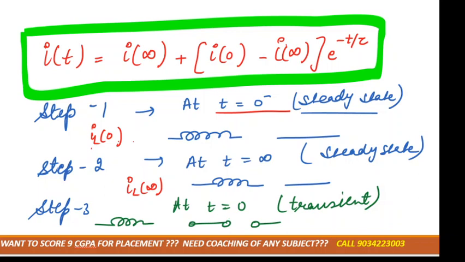Where the inductor was connected, we always mark A and B terminal there, and from A and B terminal we need to calculate R equivalent, that is RAB, and transient we'll consider for the calculation of tau. Tau is the time constant.